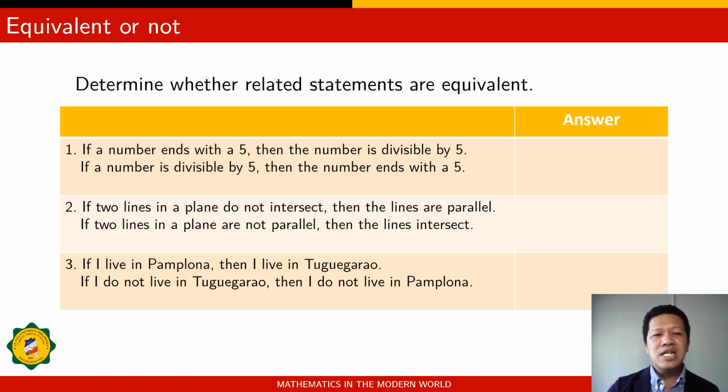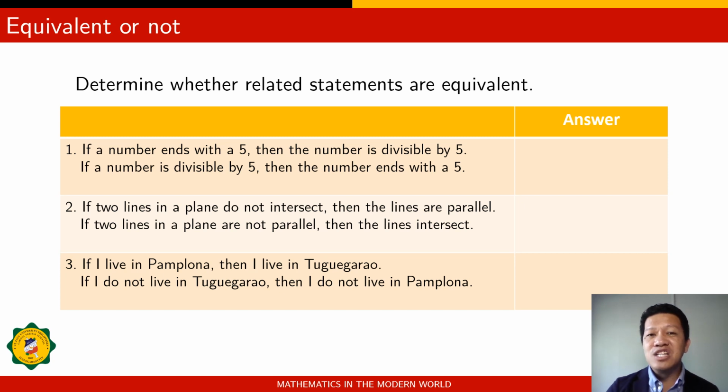For number one, if a number ends with 5, then the number is divisible by 5. So let's say this is the given conditional statement, and how is it related to the second statement? If a number is divisible by 5, then the number ends with a 5.